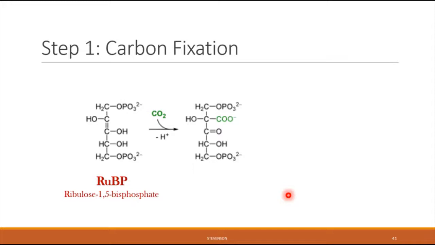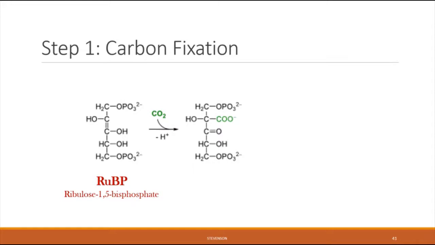When the plant takes in carbon dioxide molecules, it needs to attach them to an existing molecule to start to build this carbon scaffold that will eventually become the molecule of glucose. The molecule that the carbon dioxides get attached to is called ribulose 1,5-bisphosphate, or simply RuBP. You only have to know it as RuBP.